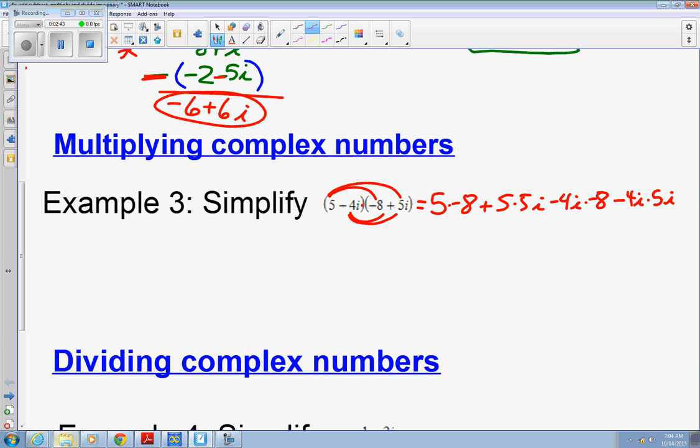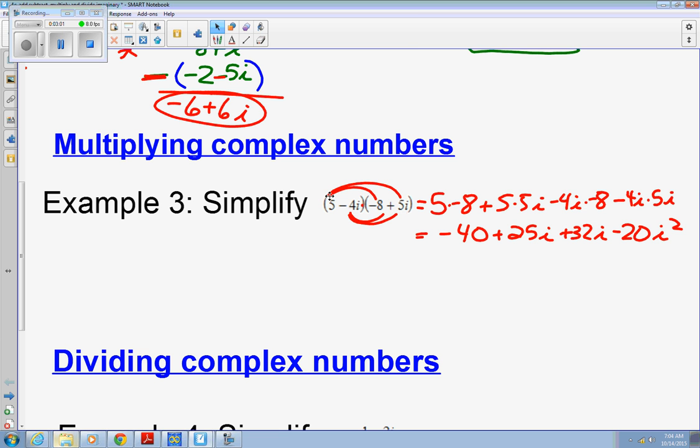Let's put these together. Each term, you have -40 plus 25i, plus 32i, and -4i times 5i is -20i squared.